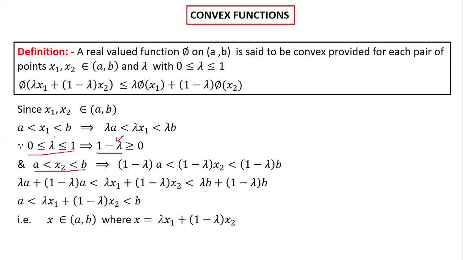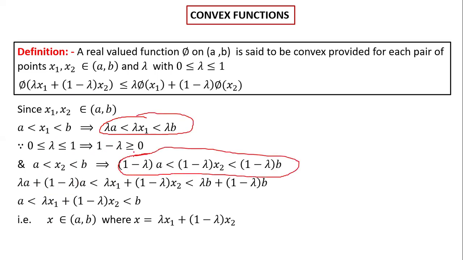And x2 needs to be multiplied by 1 minus lambda, so multiplying by 1 minus lambda on all the sides. And now simply adding these two values because we need lambda x1 plus (1 minus lambda) x2. So adding these two inequalities, we will get these things.